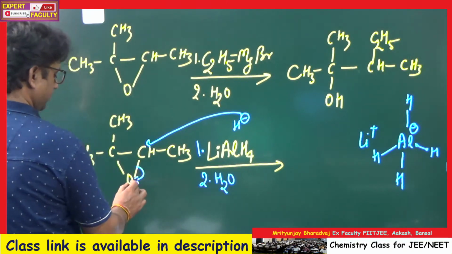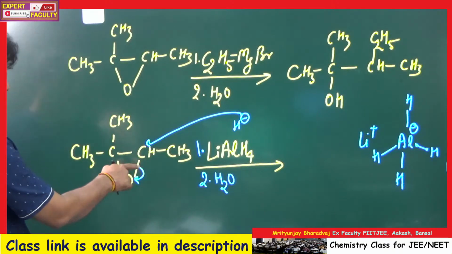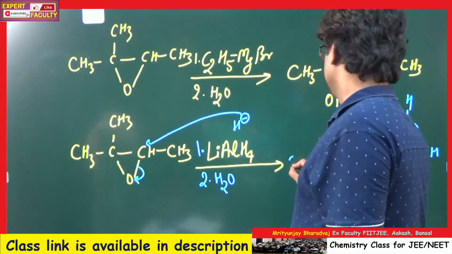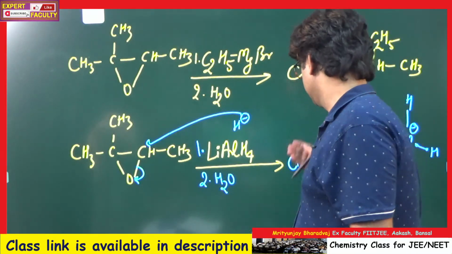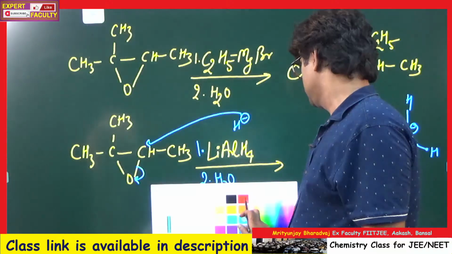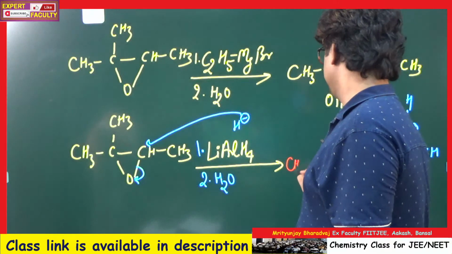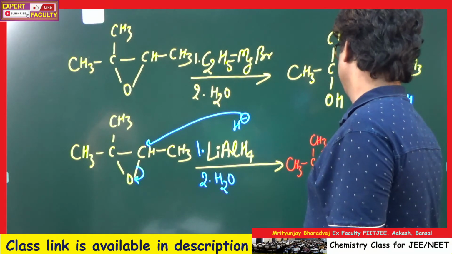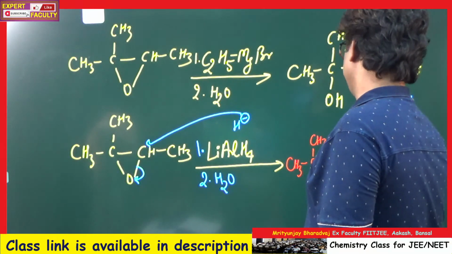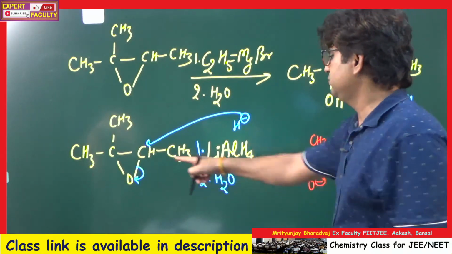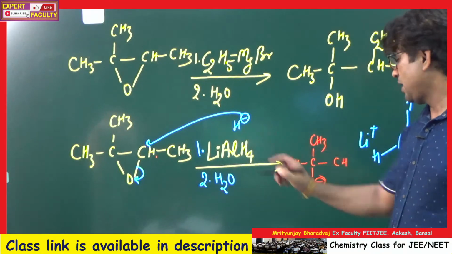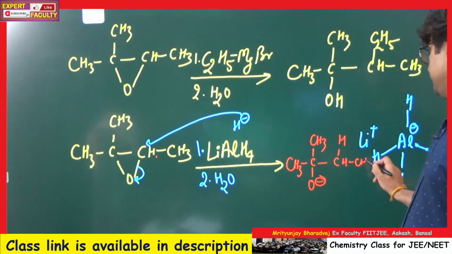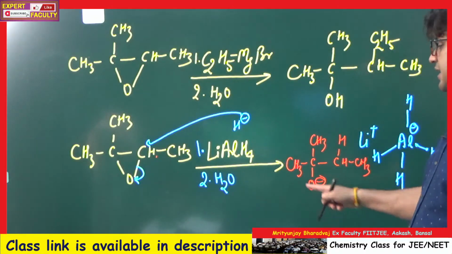The bond will shift to the oxygen, and it will be CH3-C(CH3)-O minus, with one more hydrogen coming to that carbon which already had one hydrogen, and CH3. The second reagent is H2O.